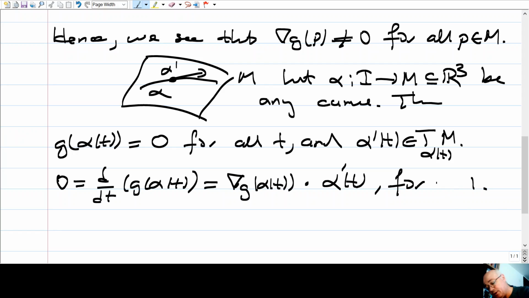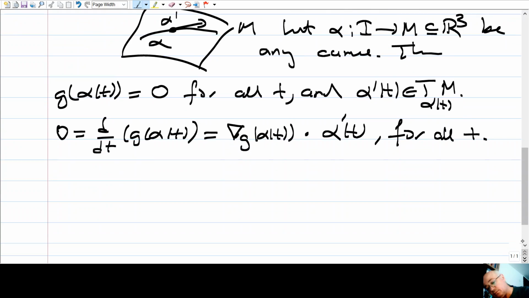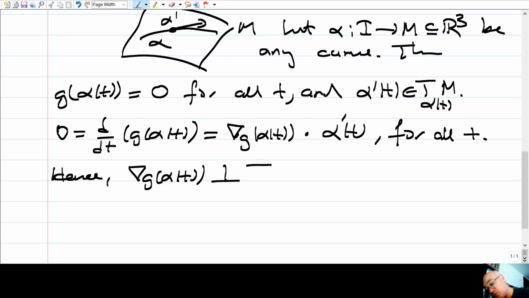This means these two vectors are always perpendicular, and I know that alpha is an arbitrary curve with any direction in the tangent space, right? For each direction I can choose such an alpha. Therefore we see that the gradient is perpendicular to all the tangent vectors in the tangent space. Therefore this is perpendicular to the surface.